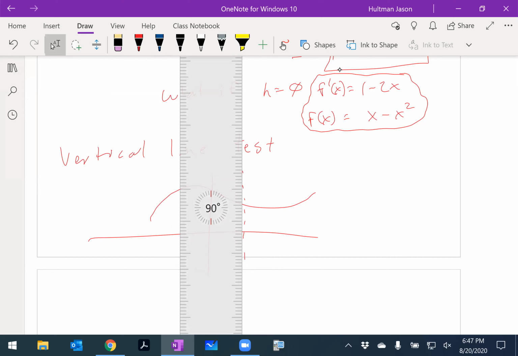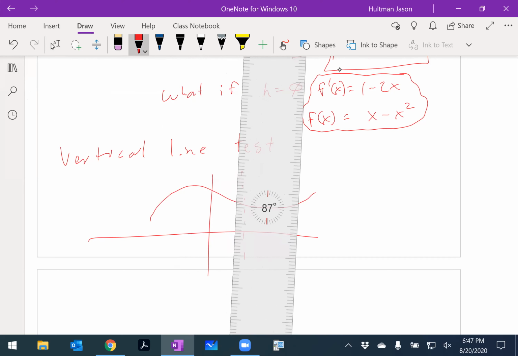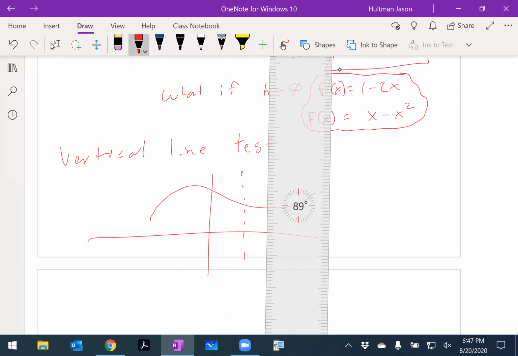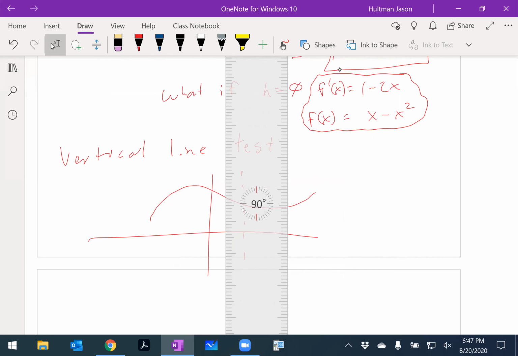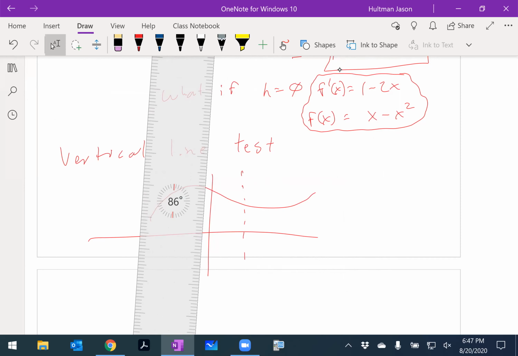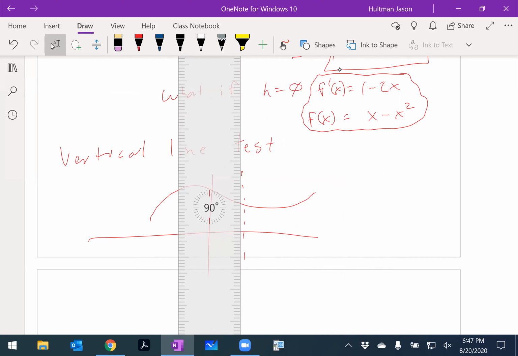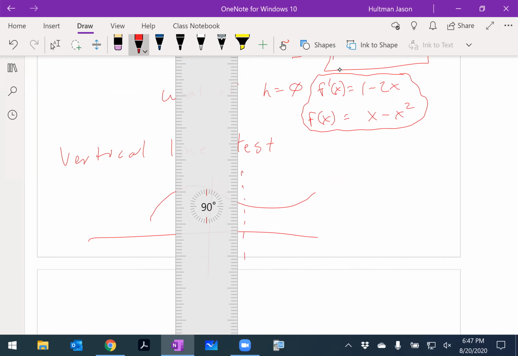Okay, 90 degrees, right? So if I take this ruler and I pass it through at 90 degrees, it will only touch the function once. Therefore, this is a function. You, sir, are a function. Check.